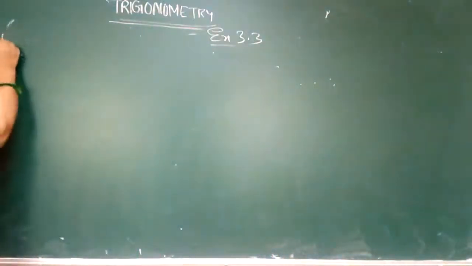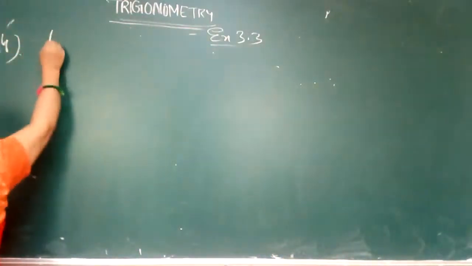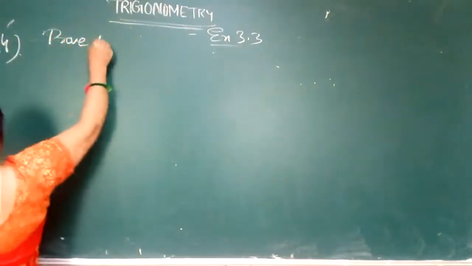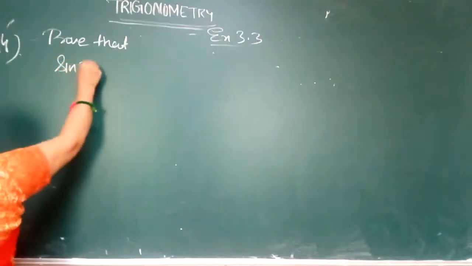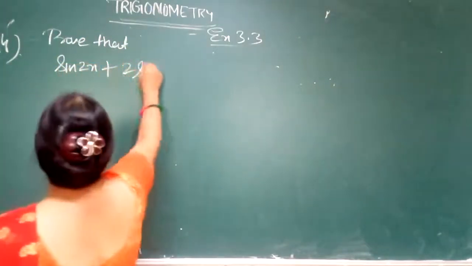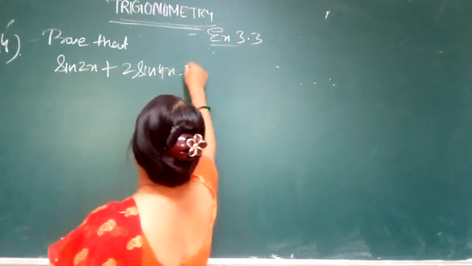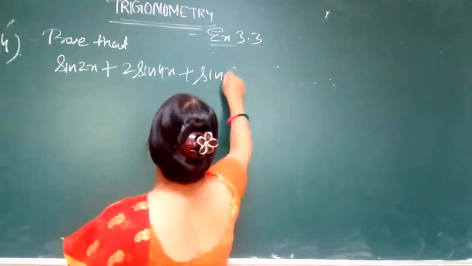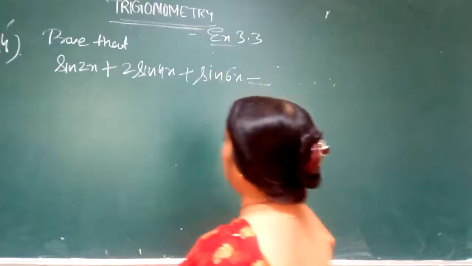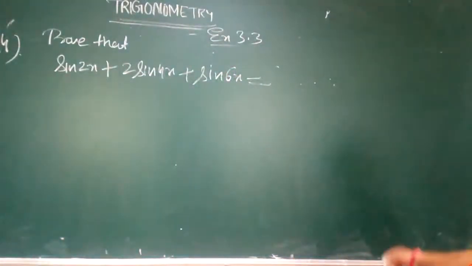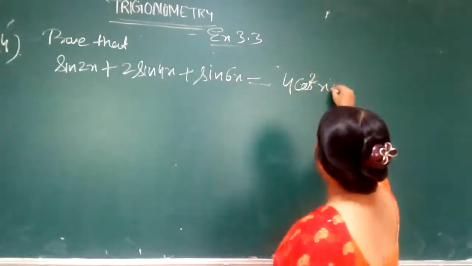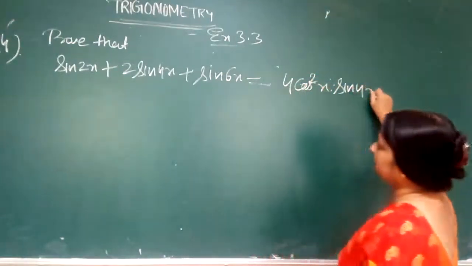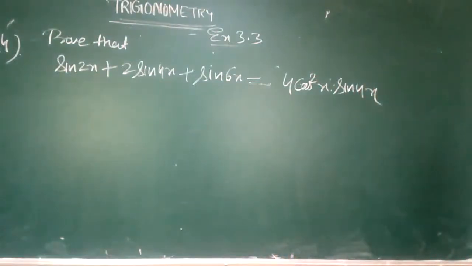Prove that sine 2x plus 2 sine 4x plus sine 6x is equal to 4 cos square x into sine 4x.